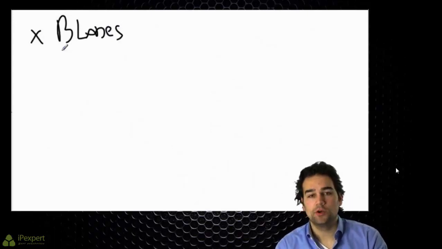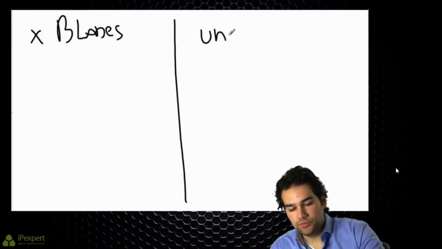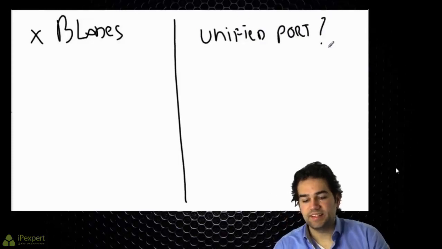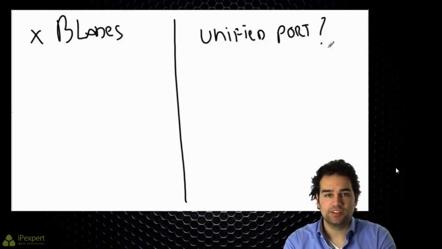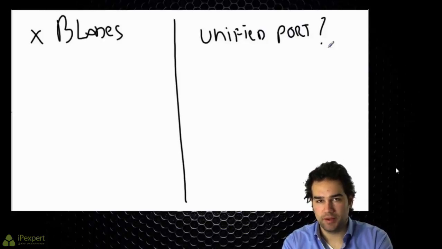So that's something you do not know right away. What I first need to do is, do I need unified port configuration? Is that necessary? Because that is going to take time in either resetting the uplink module or rebooting the whole fabric interconnect.